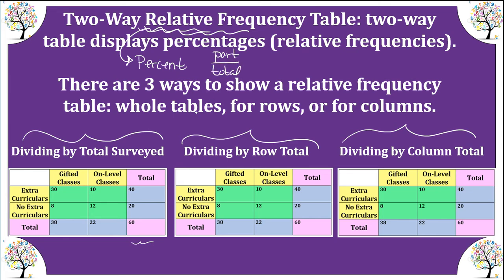And yes, we have several totals, so that's what can make this lesson challenging: you have to know which total the question is referring to. Is it the total surveyed, or is it the total from a row, or is it the total from a column that you divide by? Nonetheless, it's the part divided by the total, and then you multiply that by 100, and that gives you a percent.